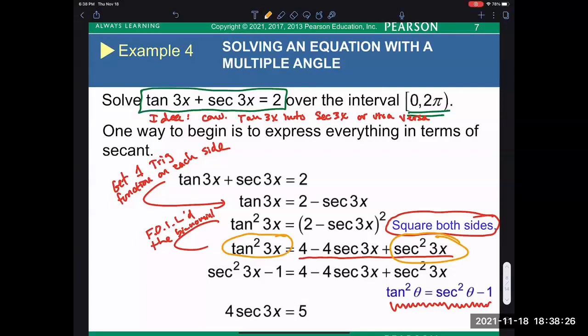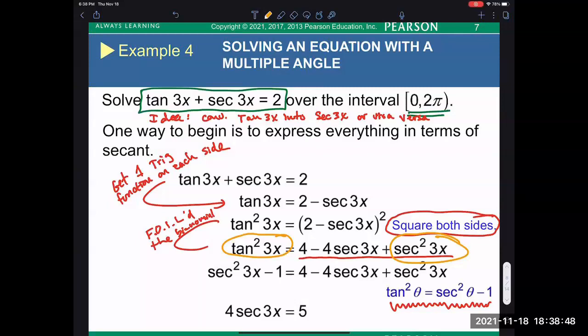So recognizing that, since you have a bunch of stuff on the right with secants, and you only have the tan squared on the left, if I were to convert the secant squared on the right into tangents, it wouldn't get rid of the secant in the middle term. So instead, we choose to convert the tangents into secants, because then the entire equation will only have secants.